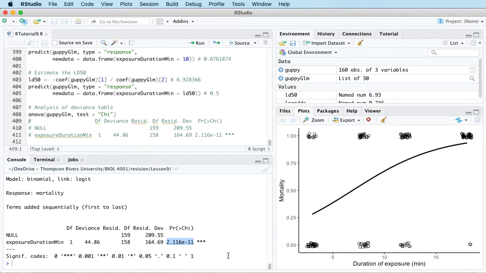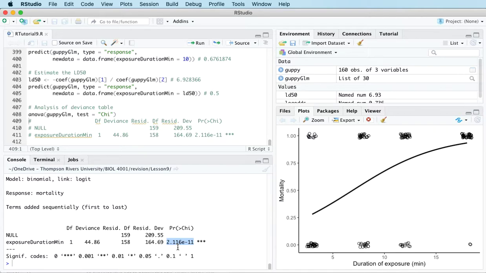This is coming from a chi-square distribution with 1 degree of freedom, and it's 2.12 times 10 to the minus 11. Really, really tiny number, essentially 0. And then step 4, make a decision, draw a conclusion. We're going to reject the null hypothesis in favor of the alternative hypothesis because this p-value is smaller than our significance level 0.05.